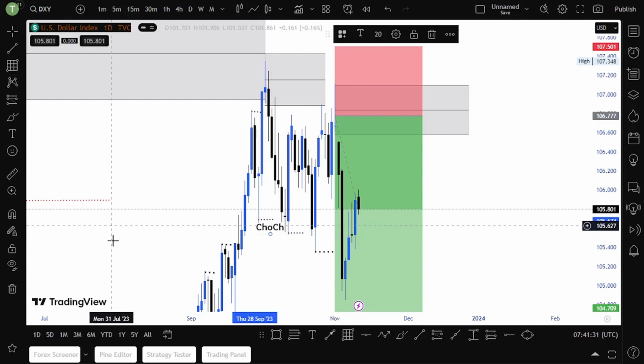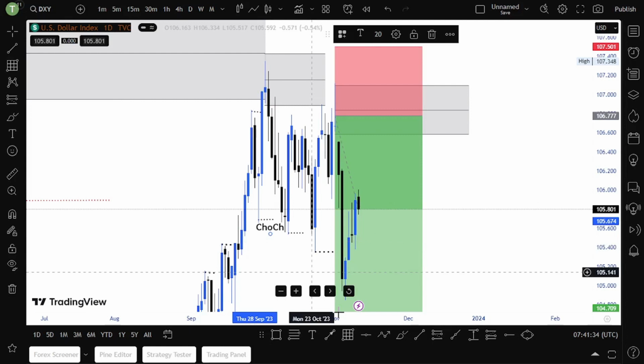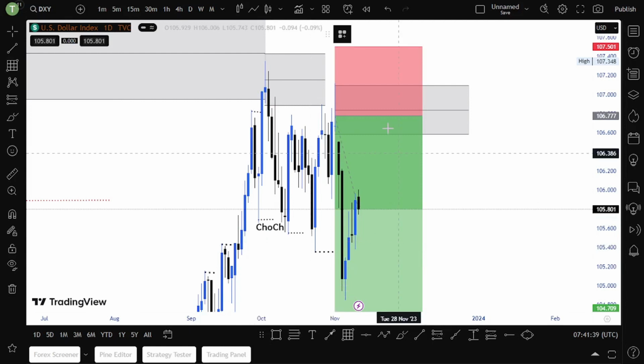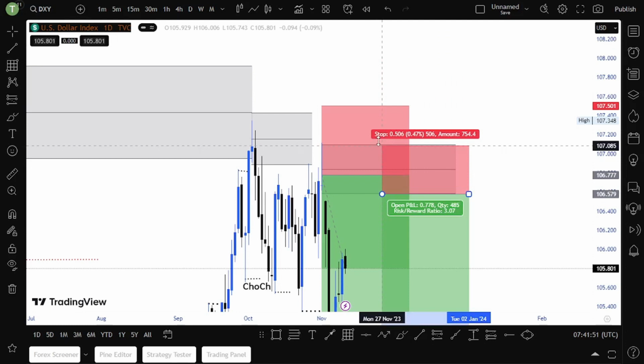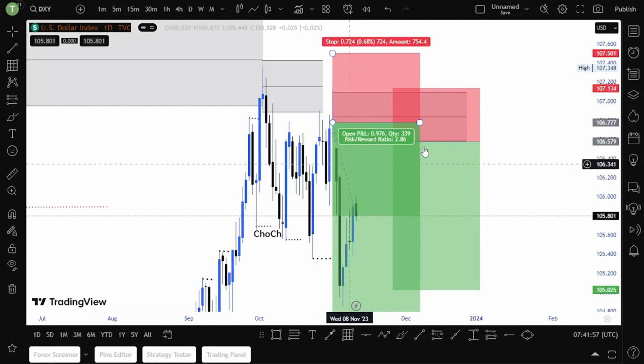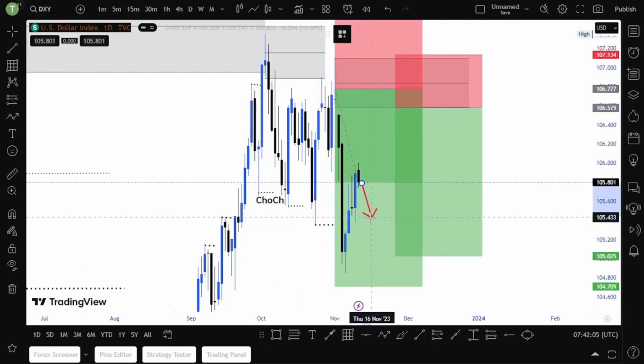So if you could enter our second entry, then I anticipate that the DXY will sell again at this point. So we just sell it here, and then we put our stop loss just slightly above this candle. So it's where we would enter our second sell.